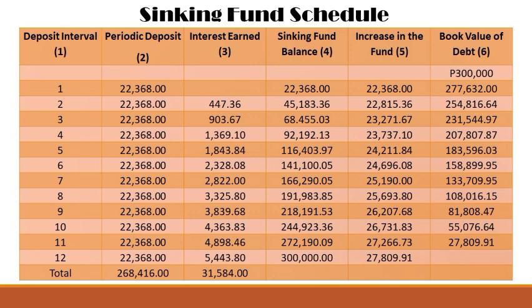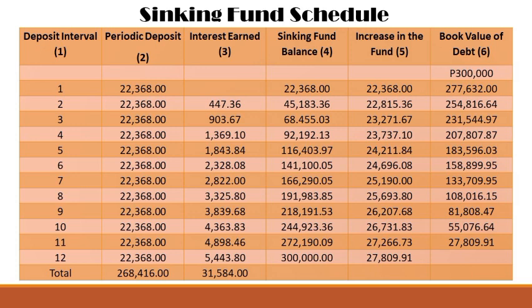In column 3, this is the interest earned every periodic deposit interval. The first deposit does not earn an interest since the periodic deposit is made at the end of the period. On the second deposit period, the interest of 447 pesos and 36 centavos is computed as 22,368 pesos multiplied by the periodic interest rate of 8% and multiplied by the compounding period, which is 3 over 12.